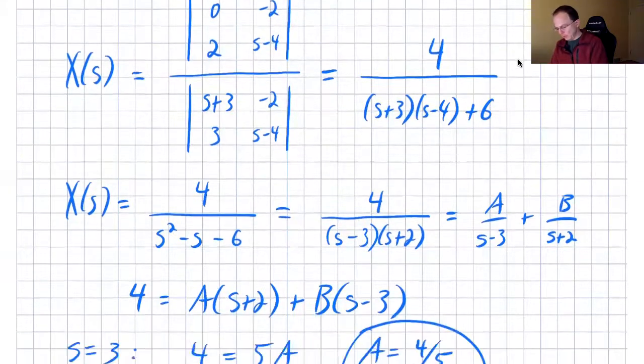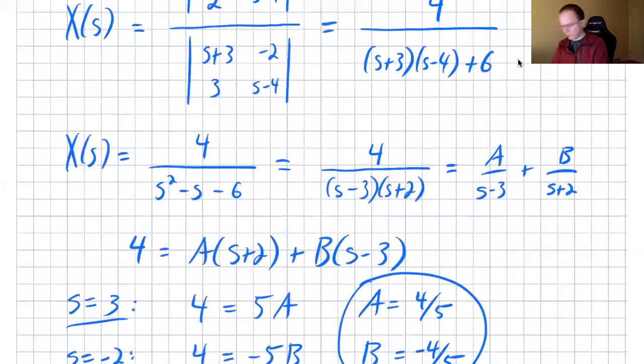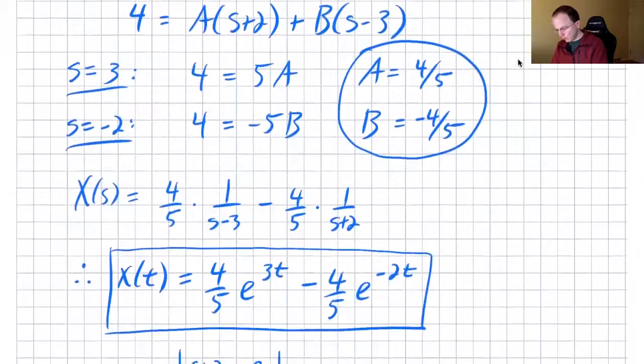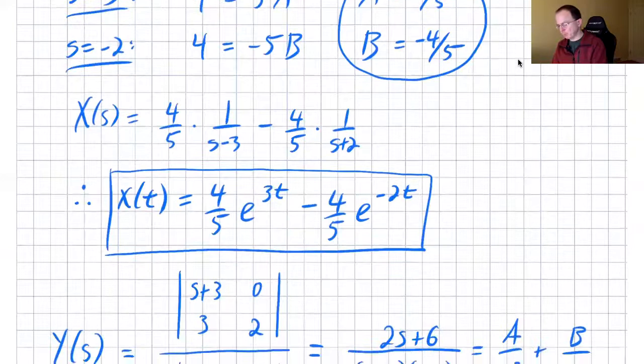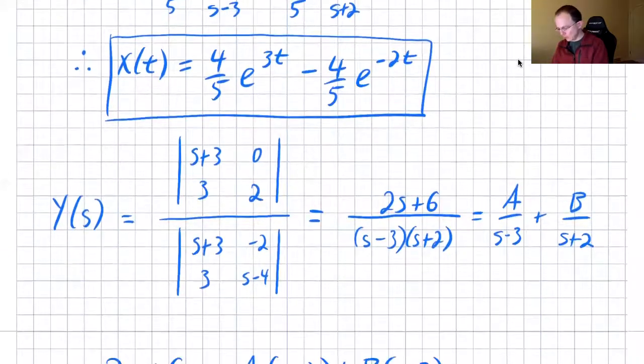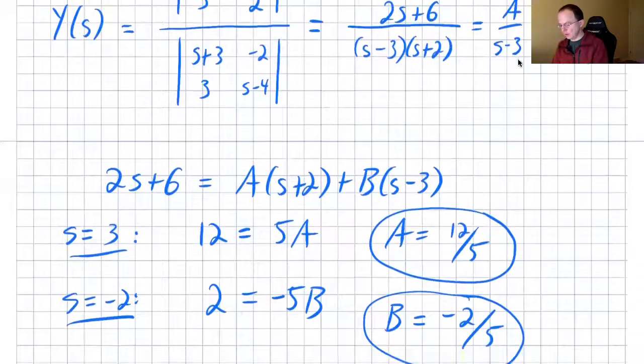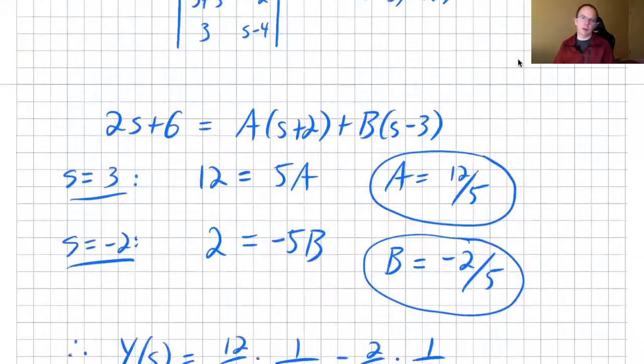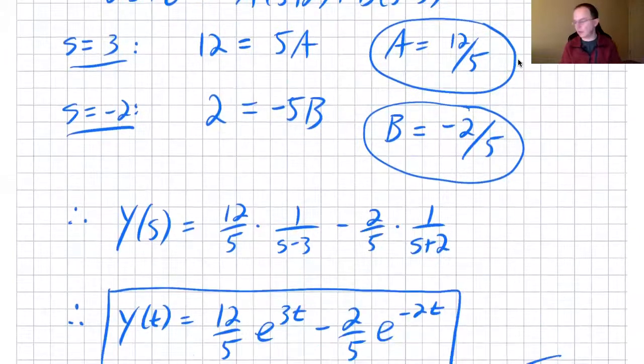And then you just use partial fractions to find the inverse Laplace transform, and you do the same for y. So Cramer's rule, partial fractions to find the inverse Laplace transform, and you're done. So different ways to do this.